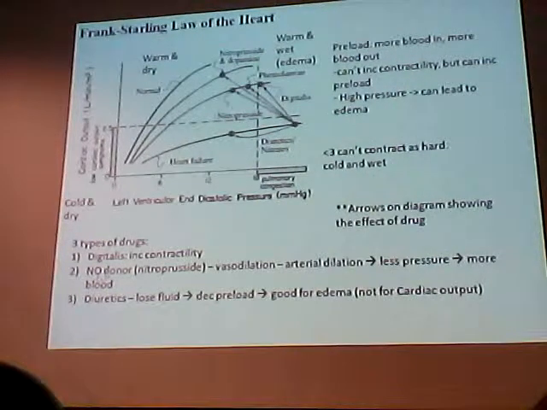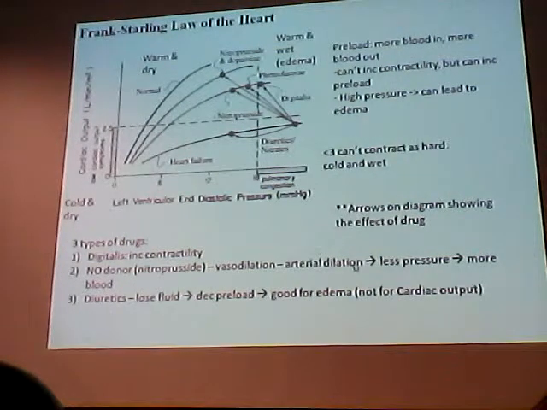A nitroprusside, or NO donor, nitric oxide donor, that's this line right here. It causes cold and wet to become warm and dry. So it improves the pressure and it gets more blood out to the system by causing vasodilation.